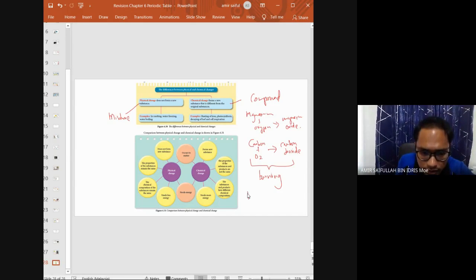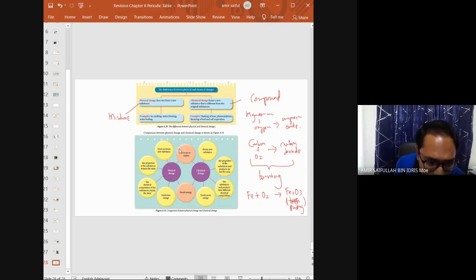So iron, ferrum, if plus oxygen, it will become ferrum oxide. So ferrum oxide is what we call iron rusting. The rusting brown in color is actually the new substance. So rusting of iron, photosynthesis, decaying of leaf, cell respiration, all these are actually chemical changes.